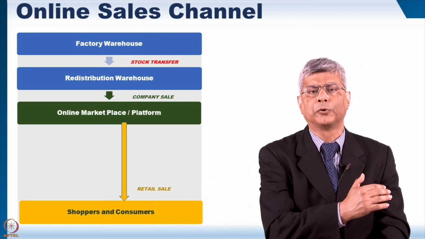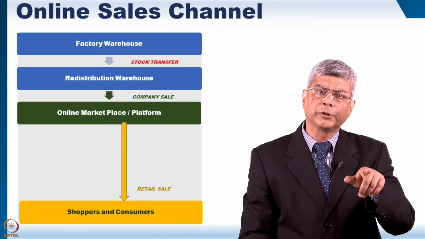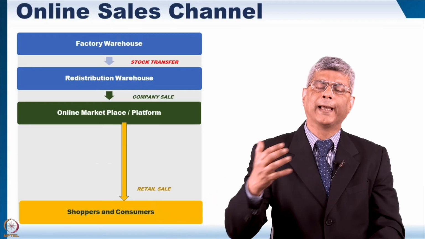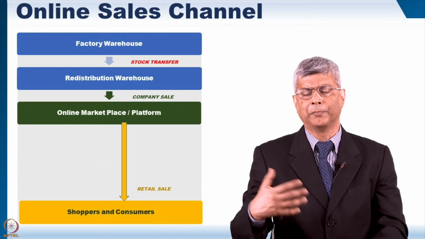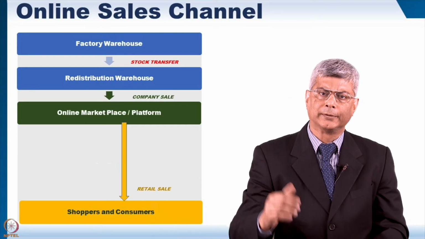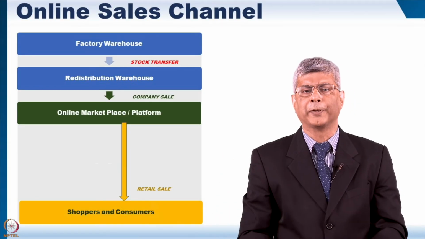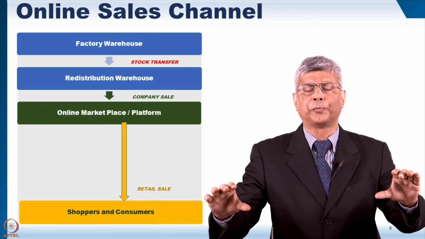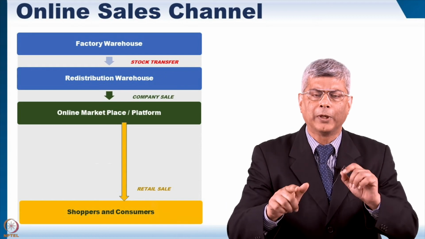The goods don't flow to the distributor. It flows to the warehouse of the online platform. So it'll flow to maybe an Amazon warehouse or a Flipkart warehouse or a Nykaa warehouse or a Myntra warehouse. Or if it's a brand like a Levi's online store that you're buying from, it'll go to the Levi's warehouse maybe. And then you have this online store portal from which you and I can go and buy.